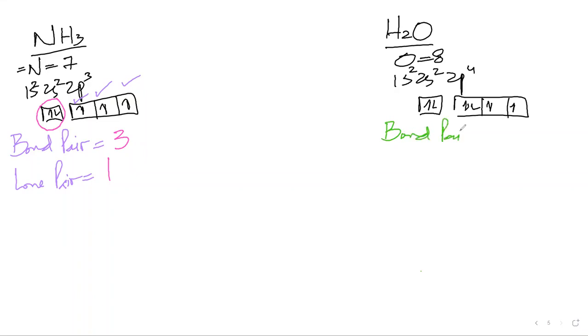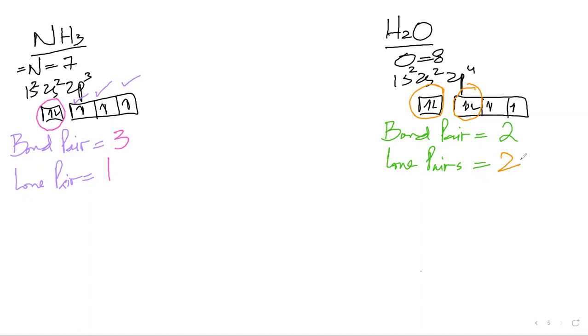How many bond pairs for oxygen? 2. And Aliza, how many lone pairs in this for oxygen? 2.